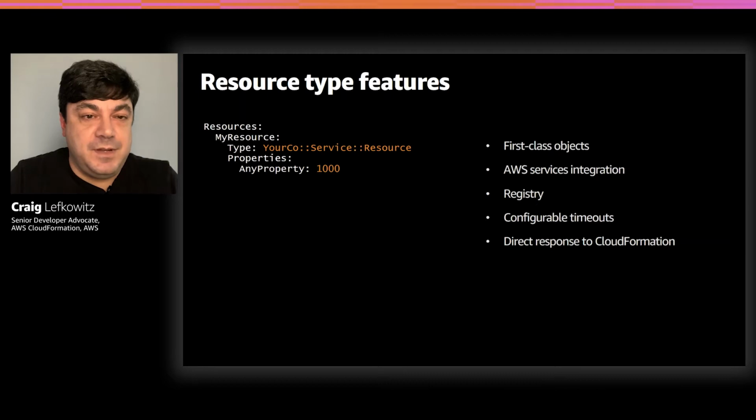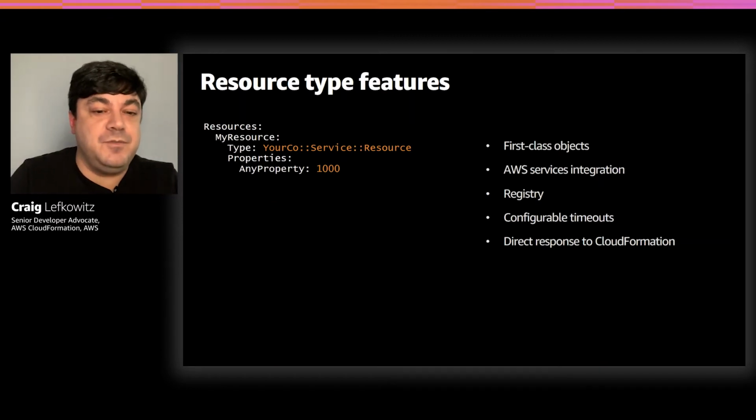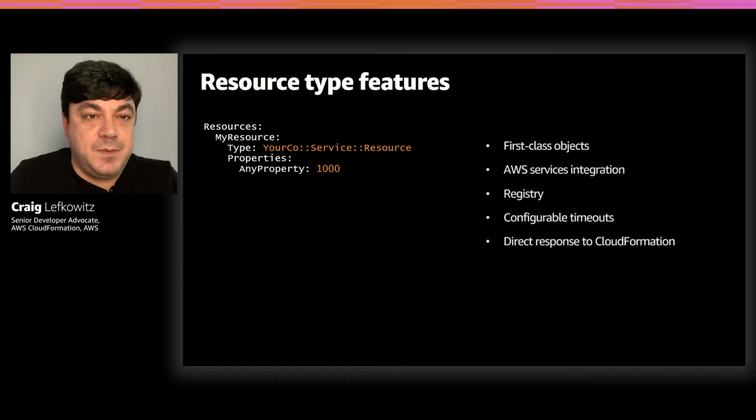And that's because we're all using the same framework. This allows tighter integration with CloudFormation features, such as drift detection and resource import, as well as other AWS services such as AWS Config. Resource types have some distinct features, such as the registry, which is a centralized repository where resource types are stored, as well as other technical details that we'll get to in a bit.